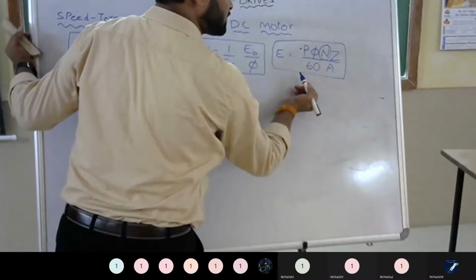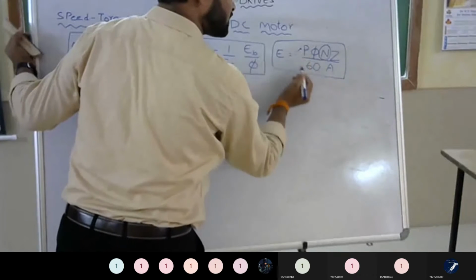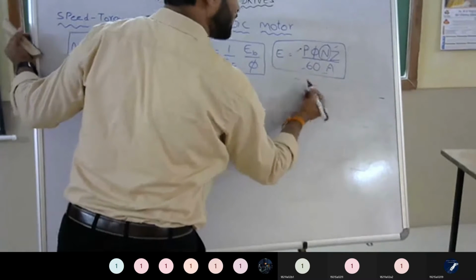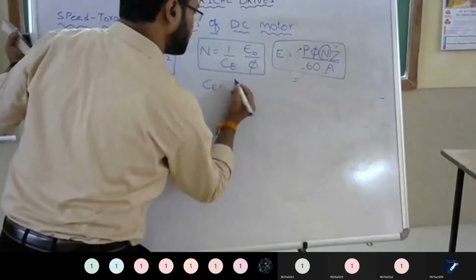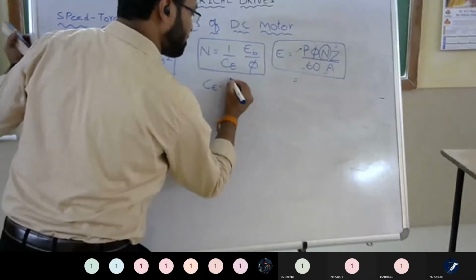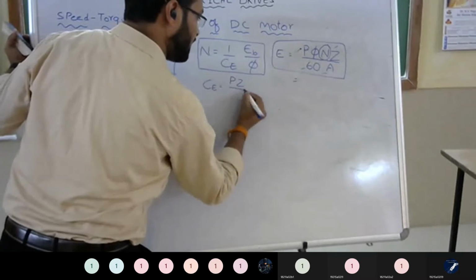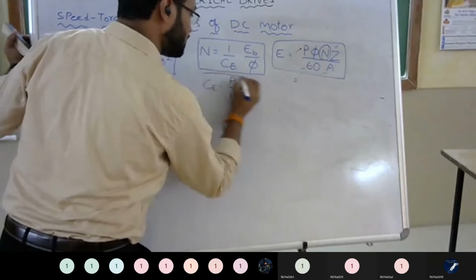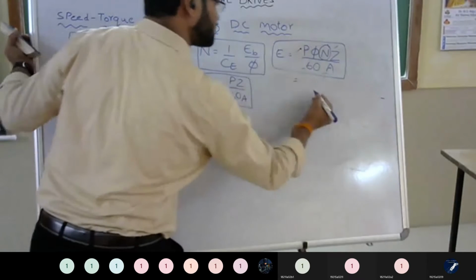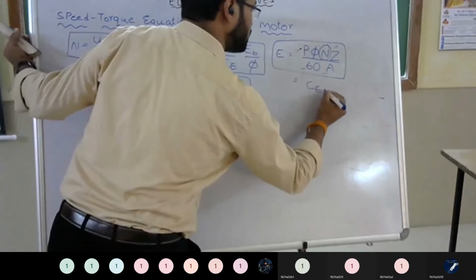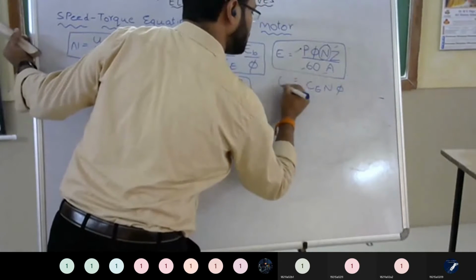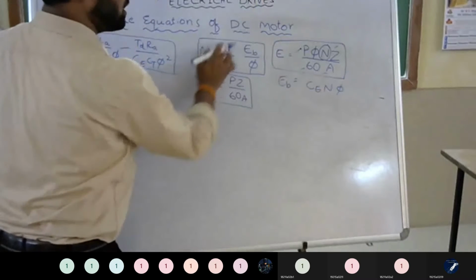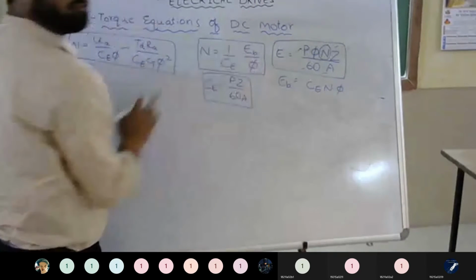What are the constants? P is a constant, 60 is a constant, A is a constant, Z is a constant. So CE is equal to PZ by 60A. This is the constant. So if you take the constant, CE into N into 5 is equal to EB. From here, this equation came: N is equal to 1 by CE into EB by 5.